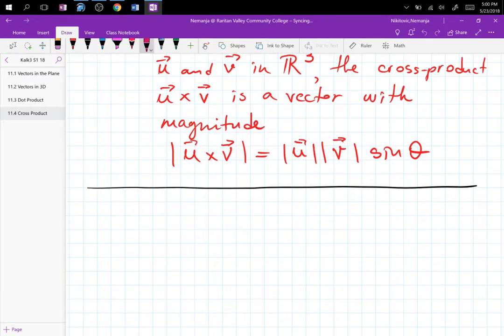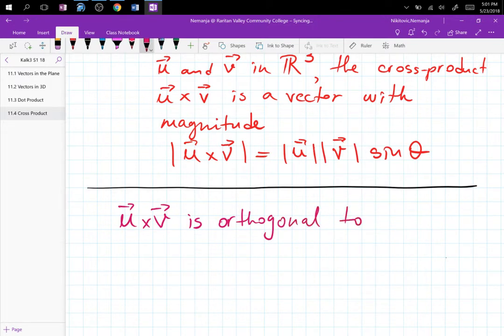So the vector u cross v is orthogonal to both u and v. Orthogonal to both vector u and vector v.